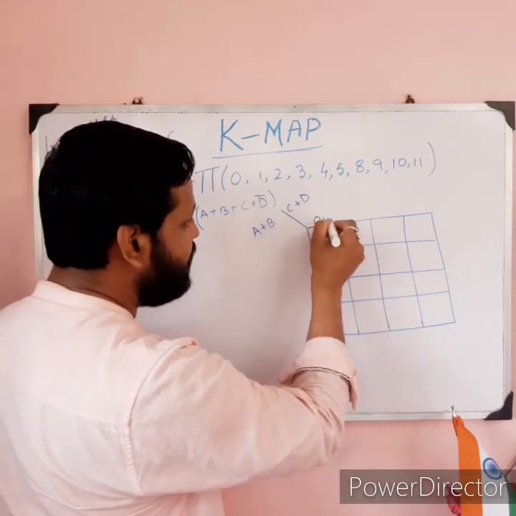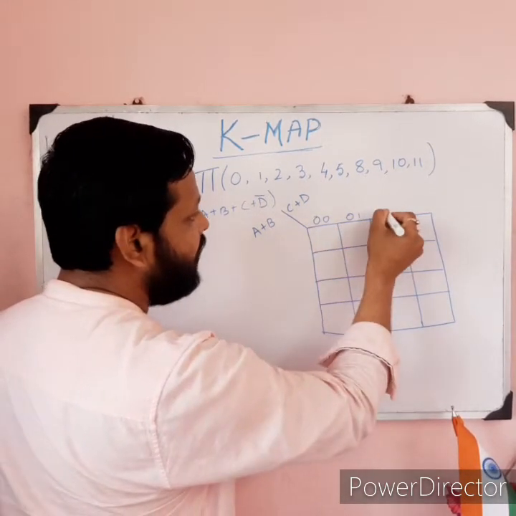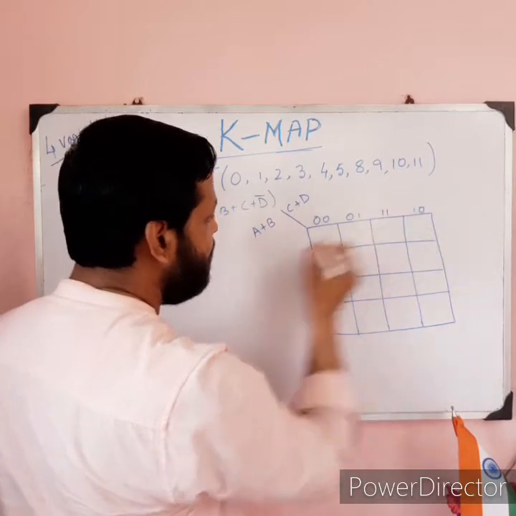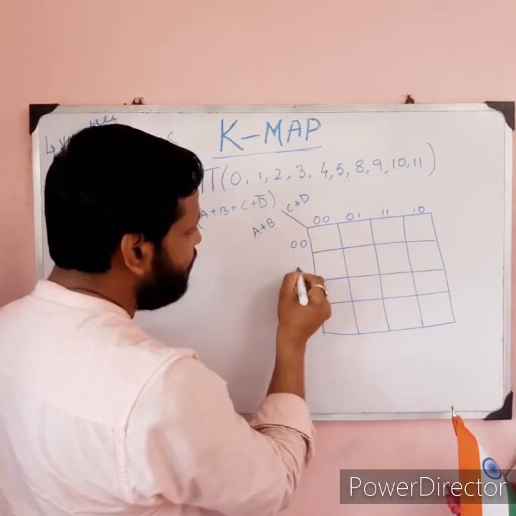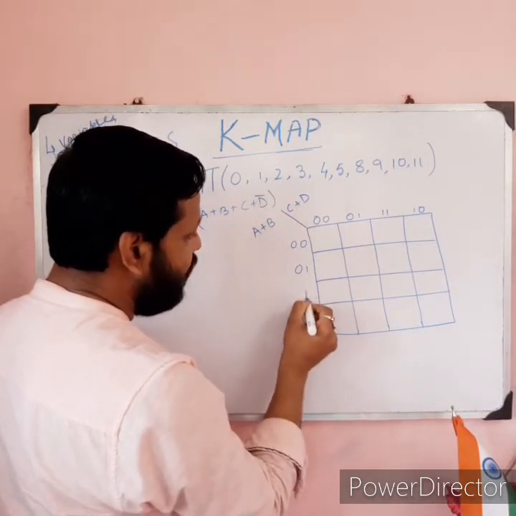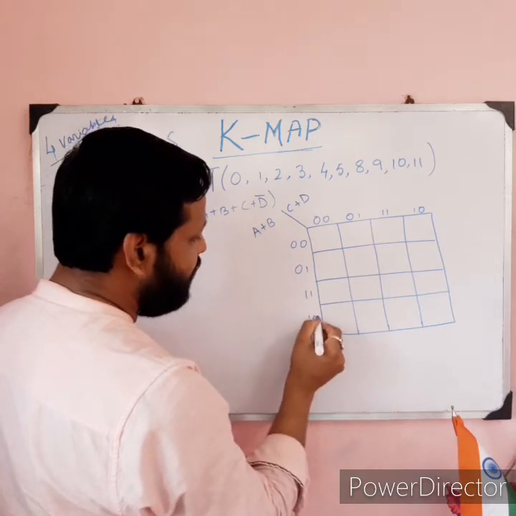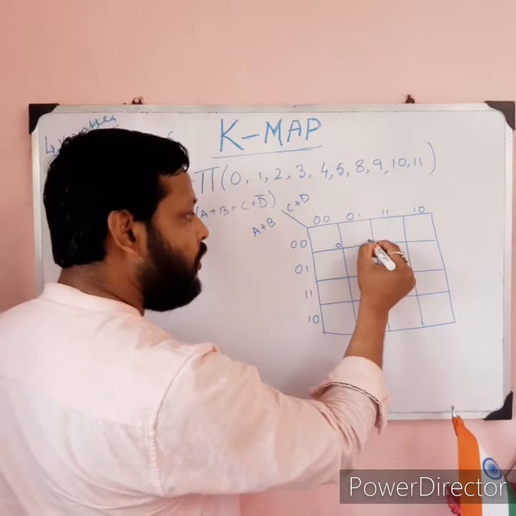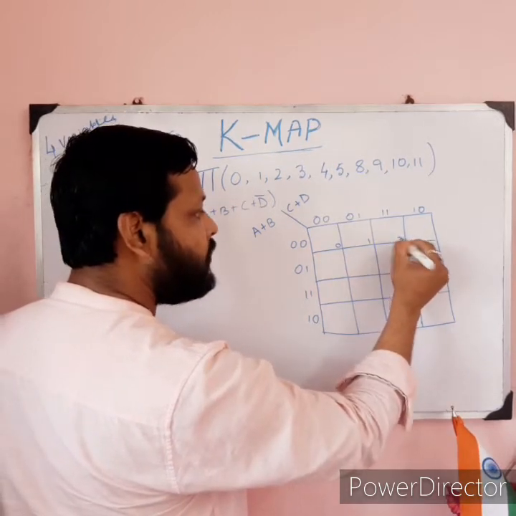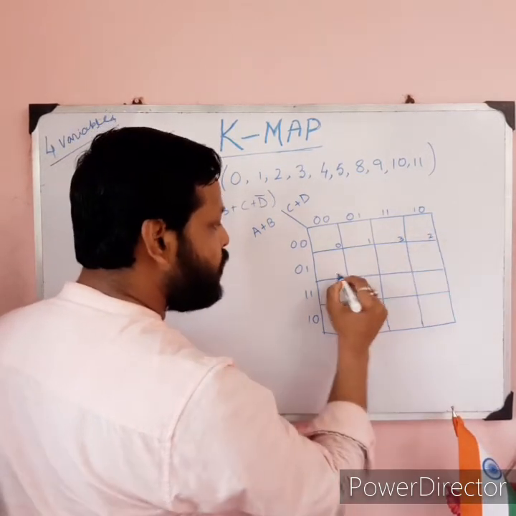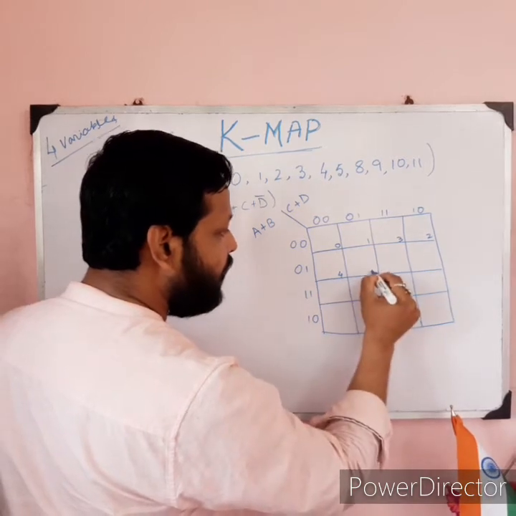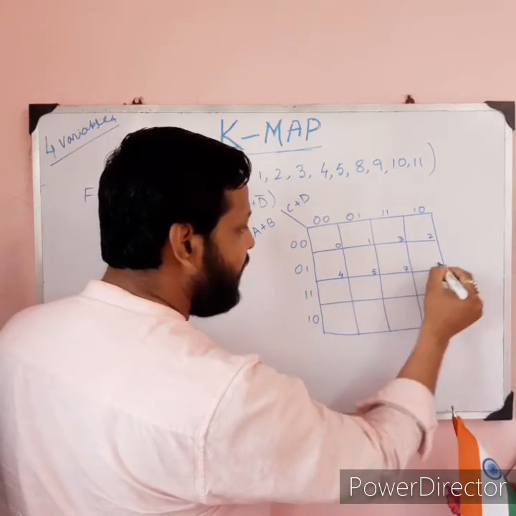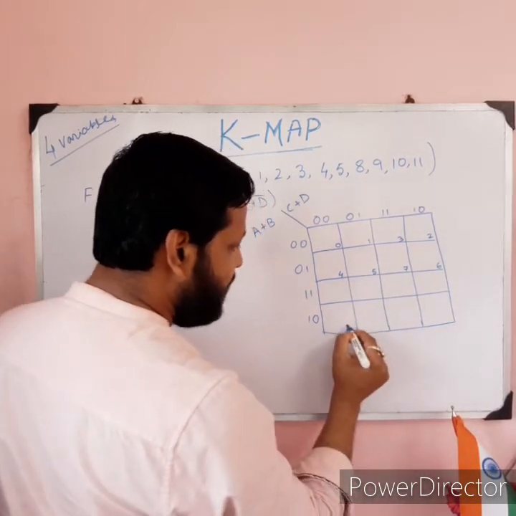The column labels are 0, 0, 0, 1, 1, 1, 1, 0 and the row labels are 0, 0, 0, 1, 1, 1, 1, 0. This row is identified by 0: this one is 1, this one is 3, this one is 2, then 4, 5, 7, 6.